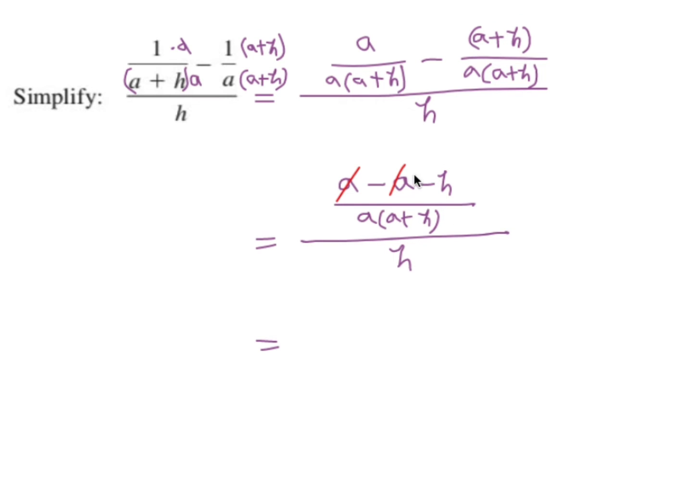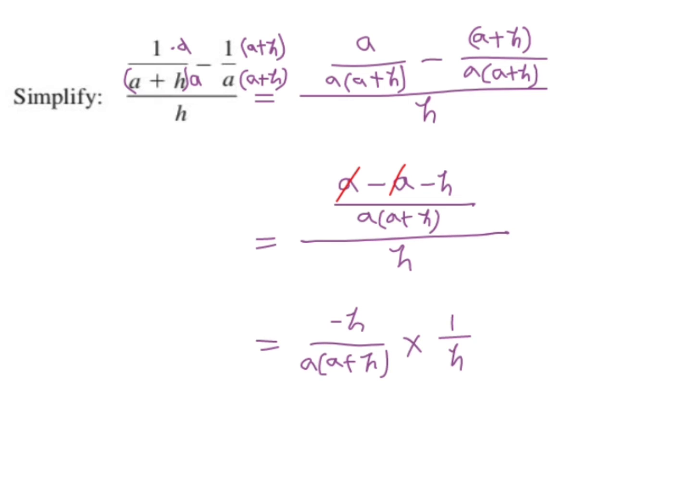So here this fraction is divided by h, so the divide sign converts into multiply. This fraction we write as minus h upon a plus h, and the divide sign converts into multiply, and h becomes 1 upon h, because what is the reciprocal of h? 1 upon h.